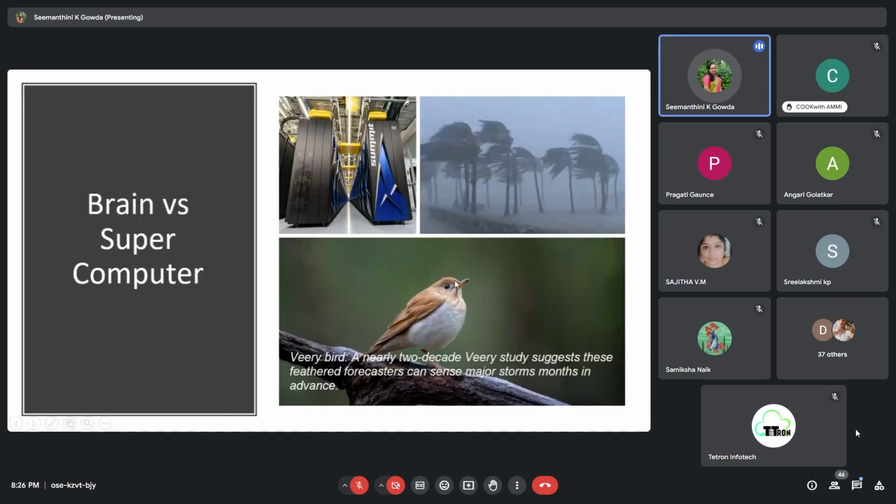For example, this bird was able to identify storms two to three months before the major storm occurred. That is how natural circumstances were identified using this bird. In the same way, we are going to make use of our computer to predict major storms months in advance.